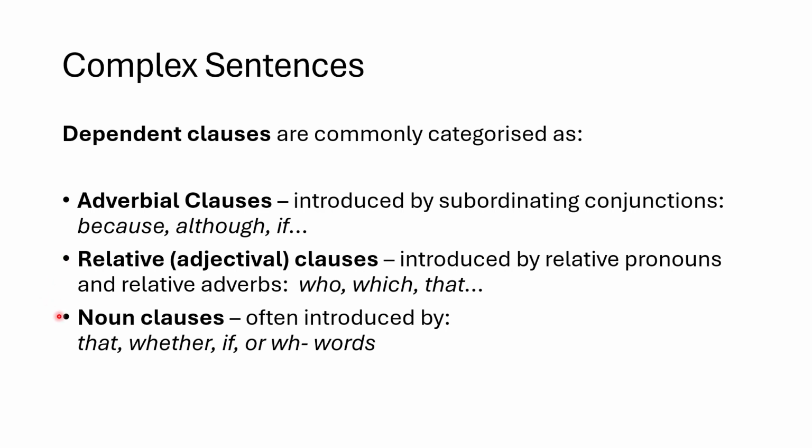And noun clauses, which are often introduced by that, whether, if, or WH words. This lesson will focus on relative adjectival clauses that are introduced by relative pronouns and relative adverbs.